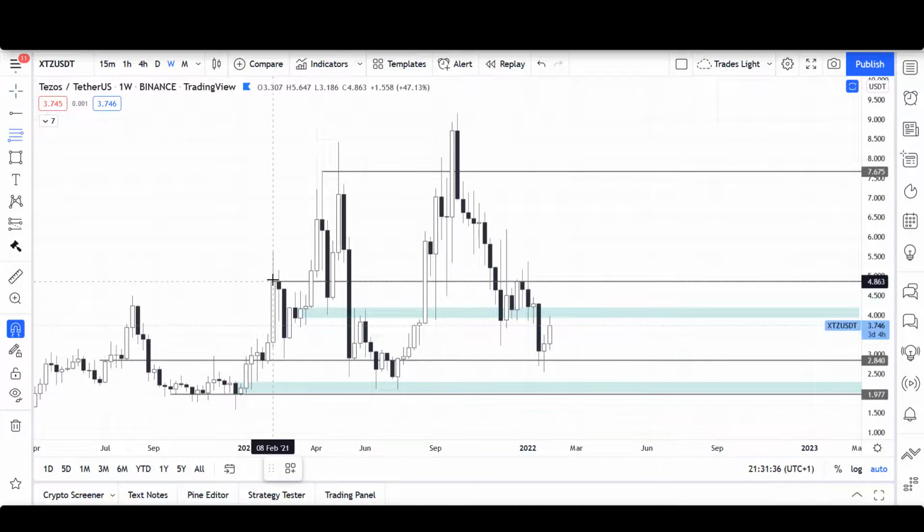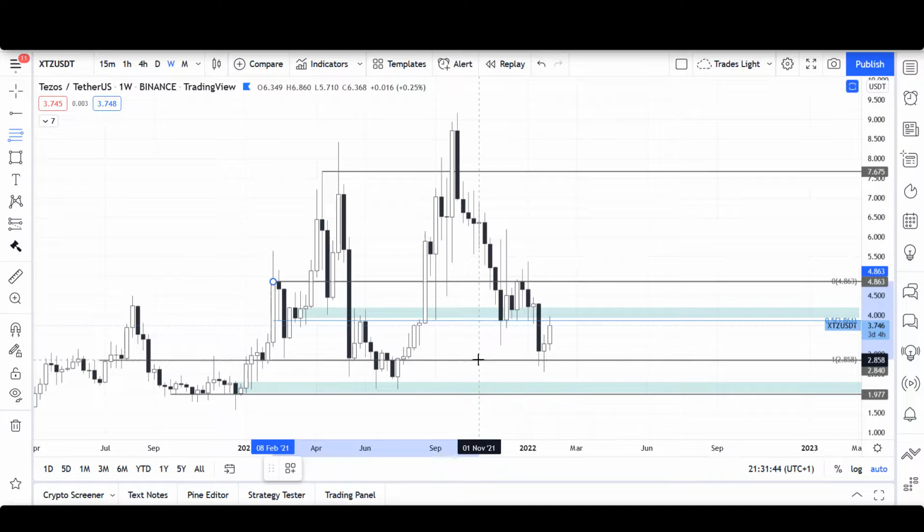What I could do to add some confluence is to see how my mid-level works here. Turn off the magnet. Okay, so this could be interesting, right? Generally in every range, the mid-level can be considered relevant.